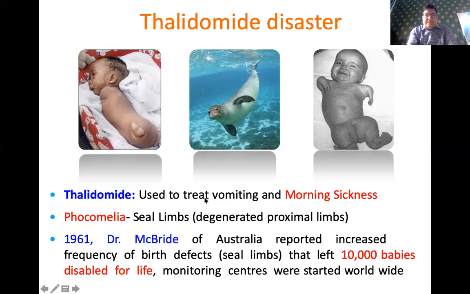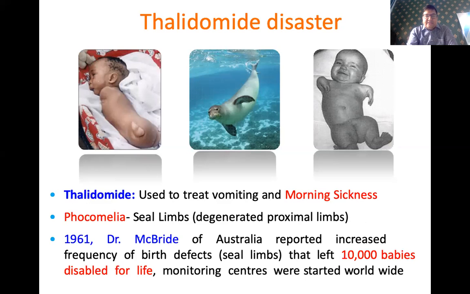The offspring of females who consumed thalidomide had a teratogenicity known as phocomelia, where the limbs were short, resembling seal limbs. There was degeneration of the proximal limbs. Dr. McBride of Australia reported increased frequency of birth defects, and around 10,000 babies were disabled for life.